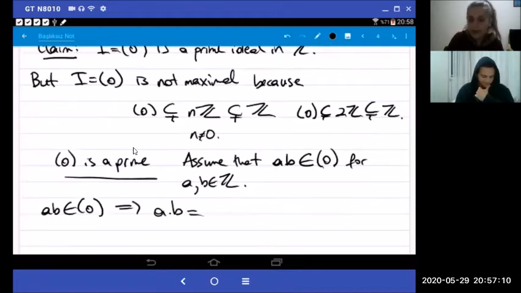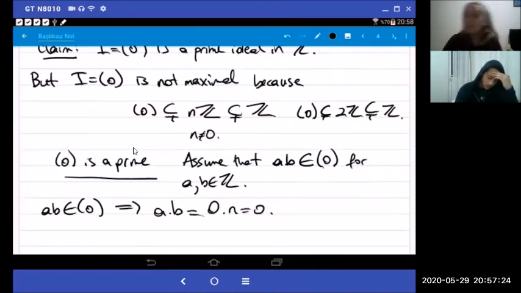This is the definition of a principal ideal generated by zero. So this means that it is zero times some n, and this is zero because we're working in integers. So this means that a times b is equal to zero. But we know that there are no two non-zero integers whose product is equal to zero.